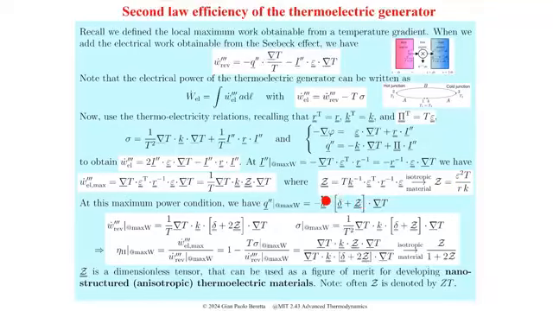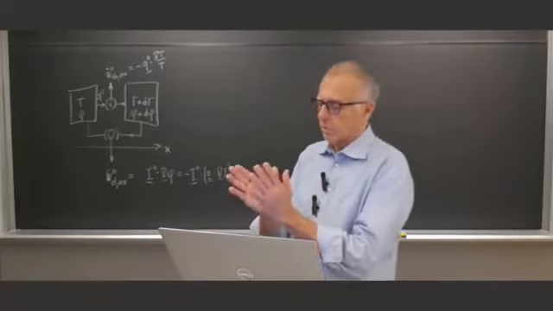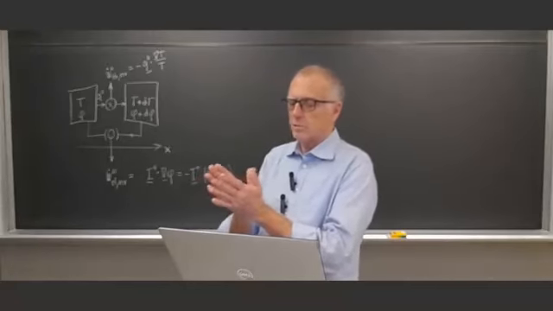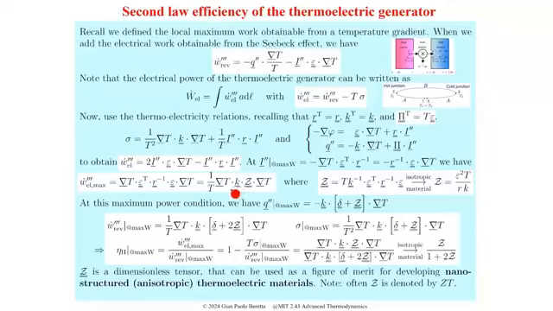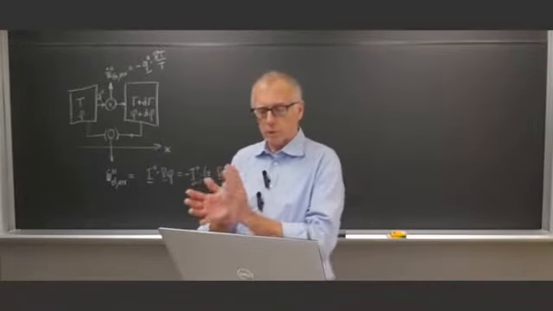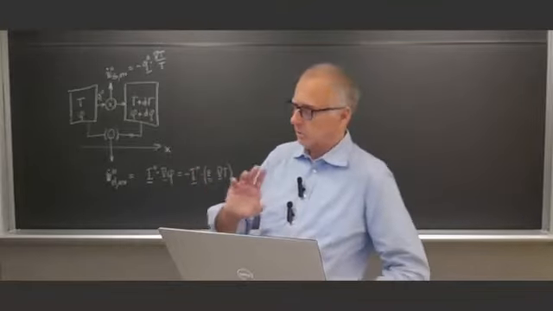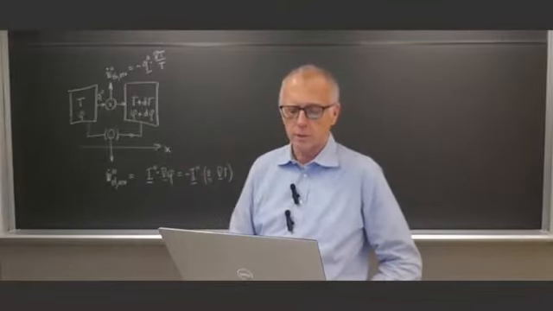And depending on how you structure them, you may obtain good aspects of this tensor, which of course relates to the properties. The gradient in temperature dotted into the tensor means that the directions are important, the relative direction of your material and the direction in which you put the gradient.